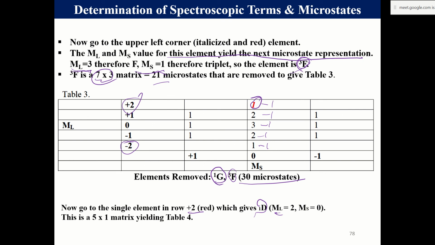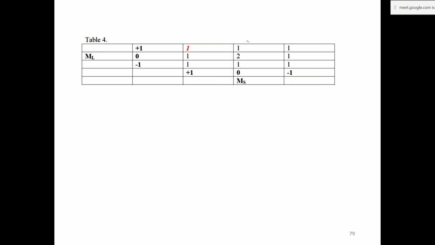So when you do this, all these are gone, and now you are left with 1, 2, 1. So now the combination that you have, ms. So you have already sorted out 35 microstates.